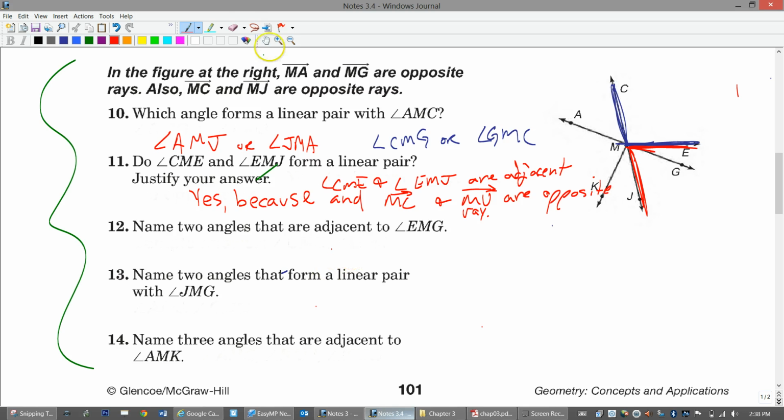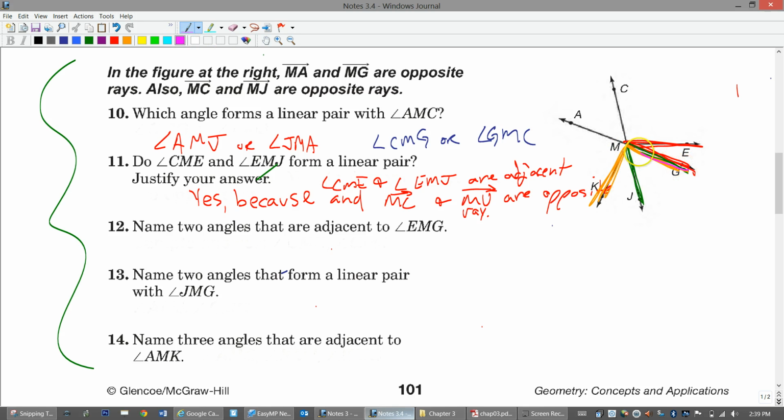Name two angles that are adjacent to EMG. By the way, there are a lot of angles that are adjacent to the angle EMG. If you want to know the answer, I'm going to trace them and say them. I'm not going to write them down because I would have to write down too many. GMJ is one of them. Notice how GM is shared. Another one would be GMK.